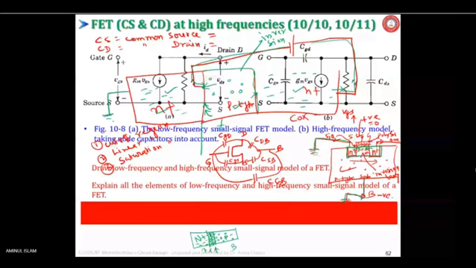Positive ions mean a depletion layer will be formed here. That's it. And a voltage will be developed that is called the built-in potential.